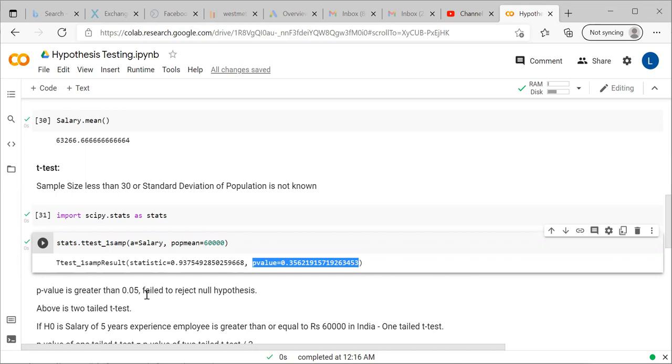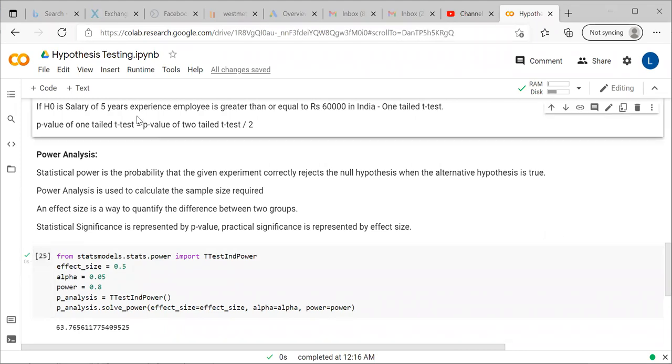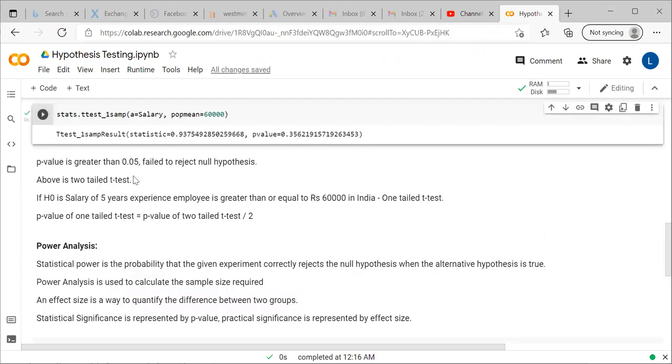You can say, as a generic statement, that yes, the salary of 5 years experienced people in India is 60,000. So the above one is a two-tail test, because the alternate can say that it is less than 60,000 or greater than 60,000. So both sides are acceptable.